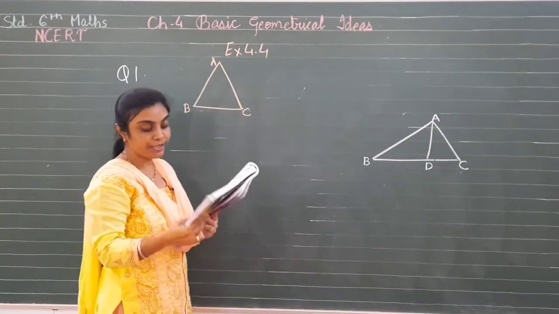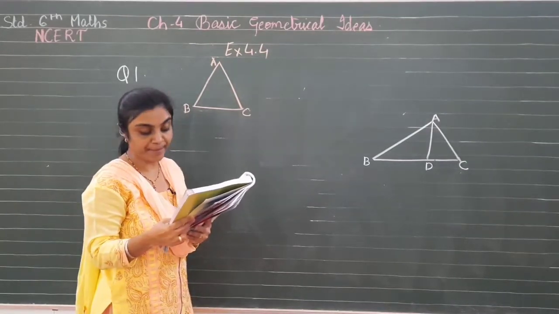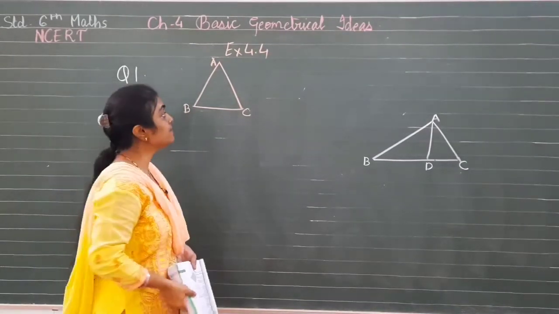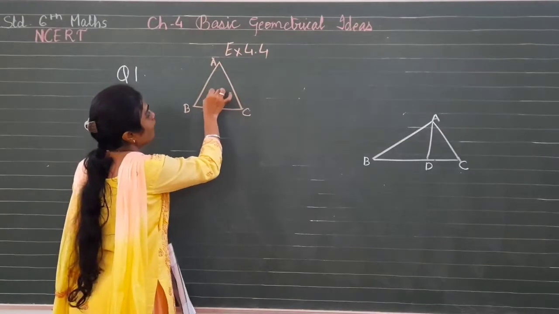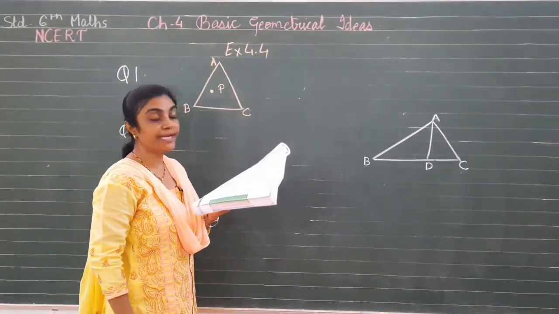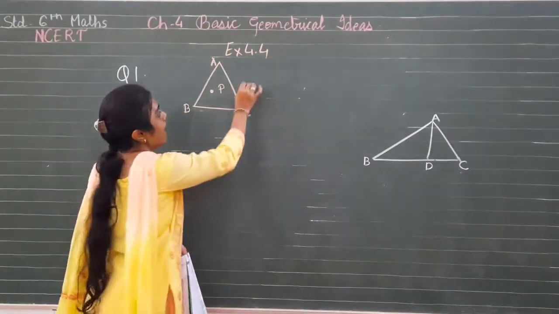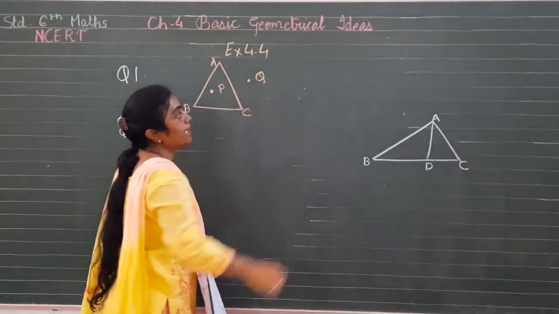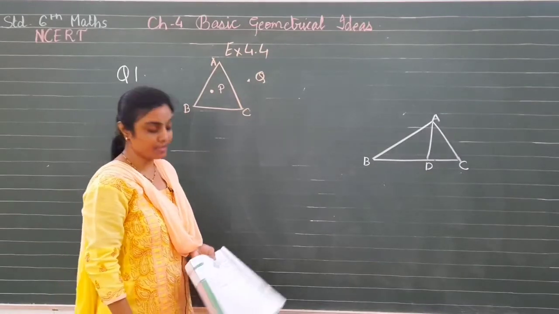Now according to the question, mark a point P in its interior. Interior means inside. So I am marking a point P in its interior and a point Q in its exterior. Exterior means outside. So I am marking a point Q which is outside.